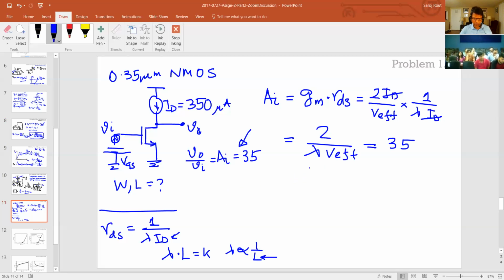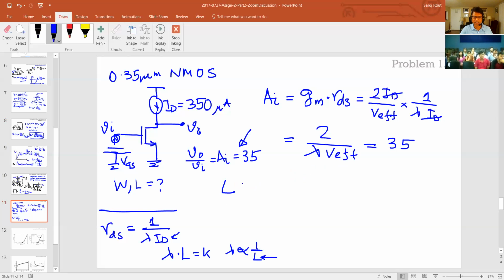Now, obviously, you have two unknowns. You can choose a particular L and then find the V effective for that. The first thing I would do is choose minimum L, because that gives you highest gain, smaller CGS and everything.